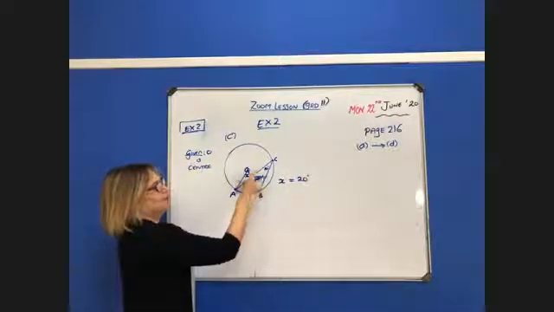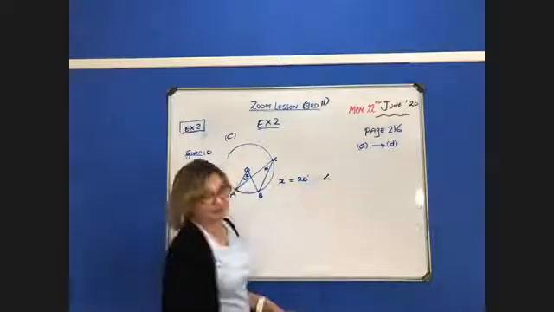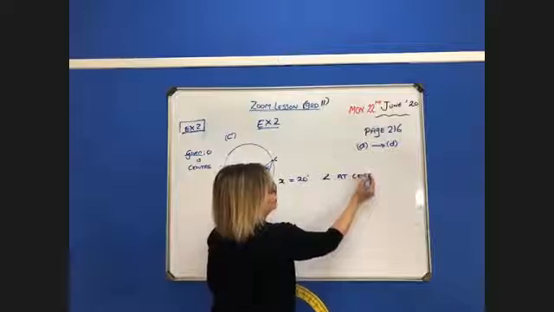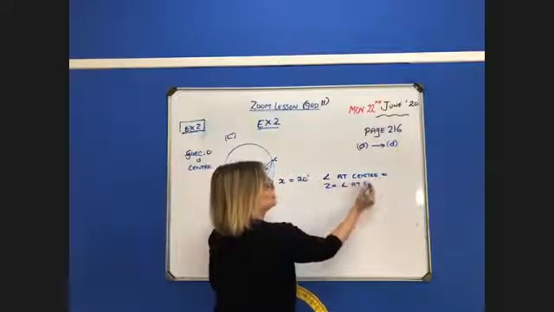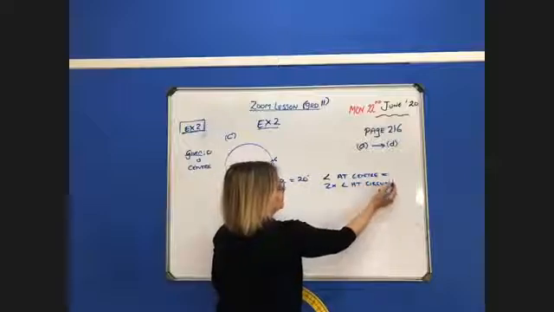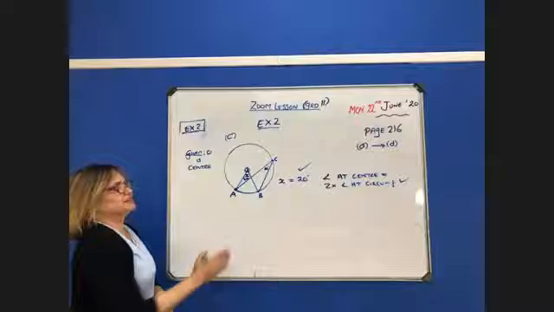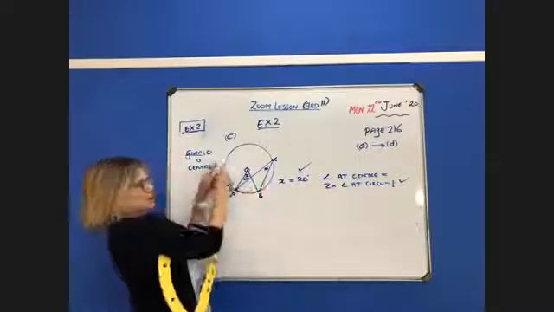It would be double the angle at the circumference. Reason, you're going to get very sick of this reason: angle at center equals 2 times angle at circumference. Always just use your fingers and kind of go over there.